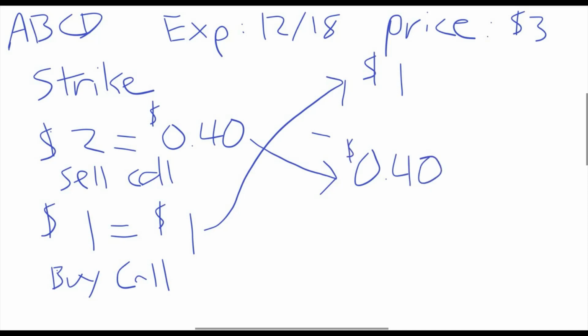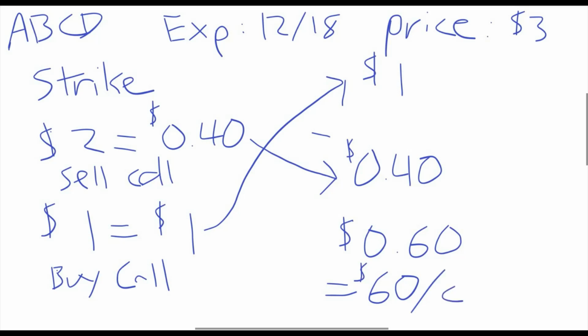We subtract the sell call from that to give you your cost of a contract, which is 60 cents times 100, always 100 shares in a contract, or the right to buy 100 shares technically, so everything's multiplied times 100. So this equals $60 a contract.